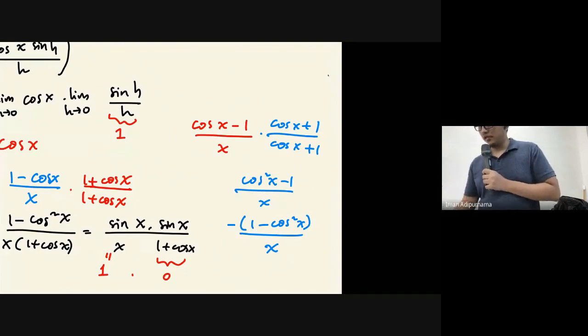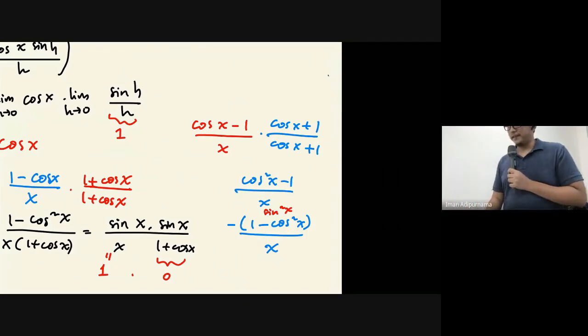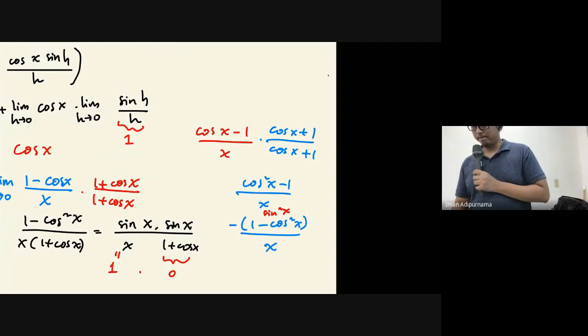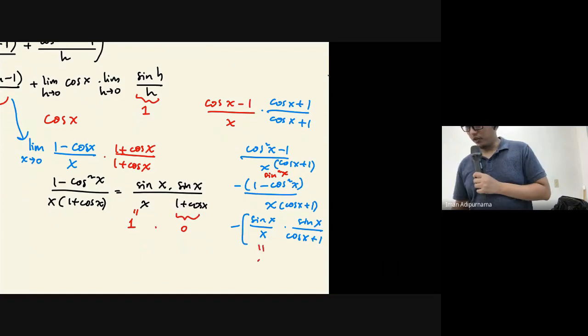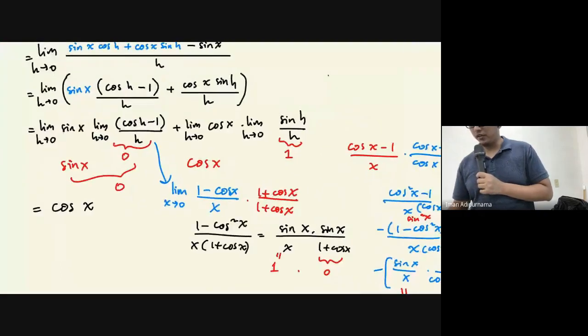Get it? So it becomes sine squared x, and then you have the cos x plus 1 on the bottom. So let me just write sine x over x and sine x over cos x plus 1. This becomes 1, this becomes 0, but because it's multiplied by 0, it all becomes 0. That's why this becomes 0 here.